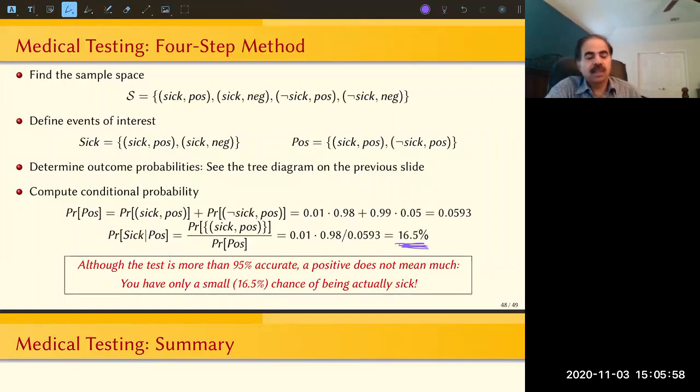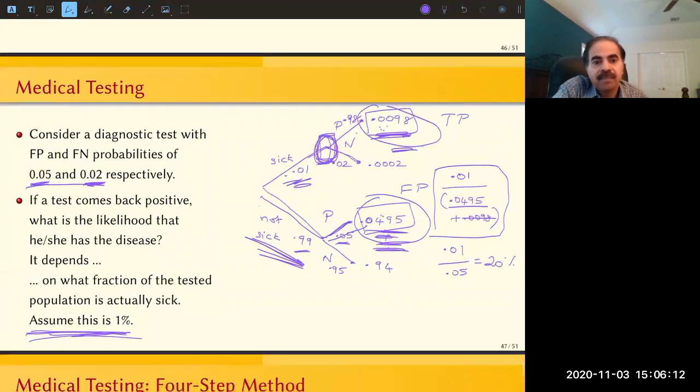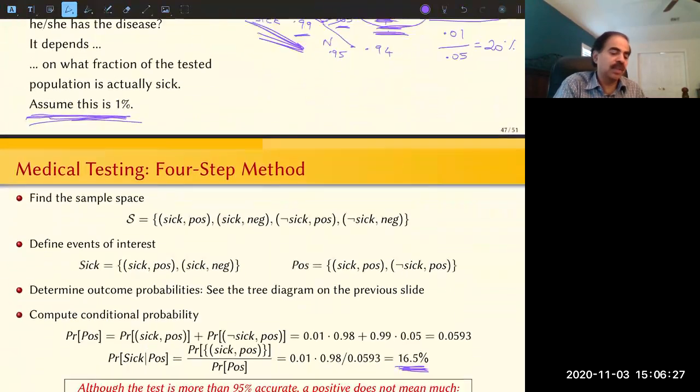Okay. So this is something that you need to be aware of whenever you have these sort of situations where you have two rare events, and then when you look at the combinations of these events, you can get some unintuitive results, and that's what you need to watch out for.